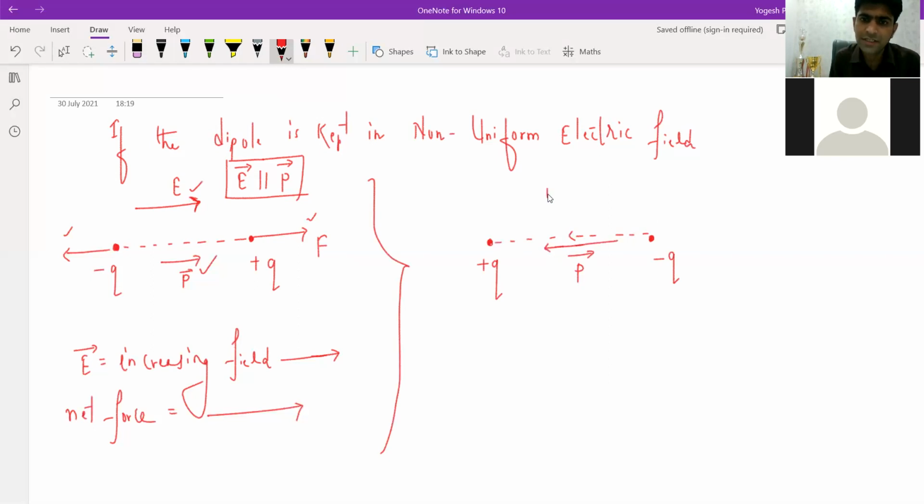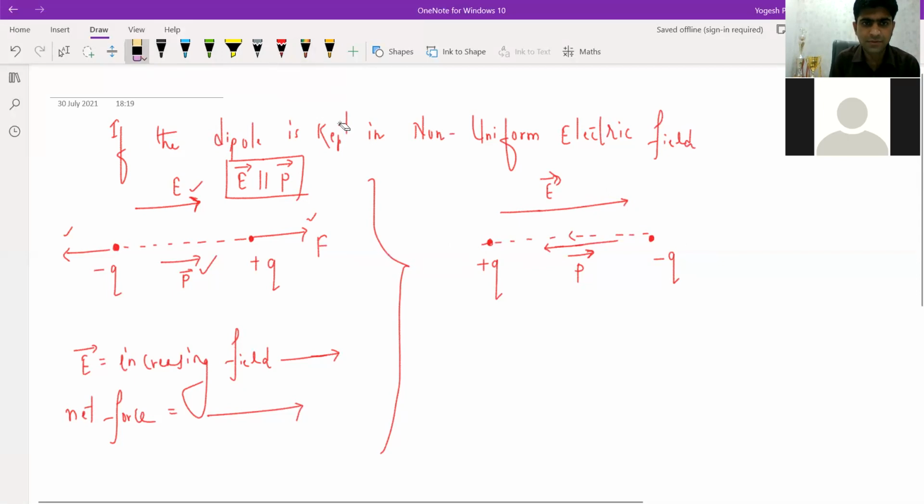The direction of electric field will remain the same. It is the increasing field, like this, in the same direction, that is from left to right. So we haven't changed anything for electric field, but we have changed the direction of electric dipole moment. Now in this case, what will be the direction of force on positive charge?